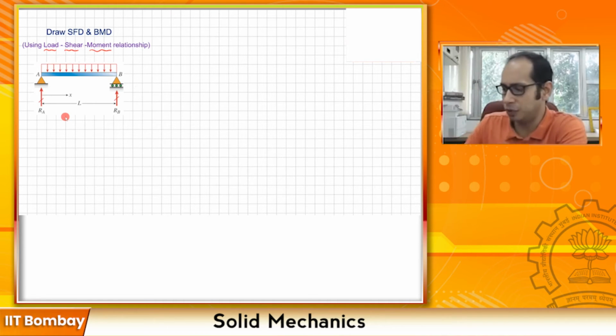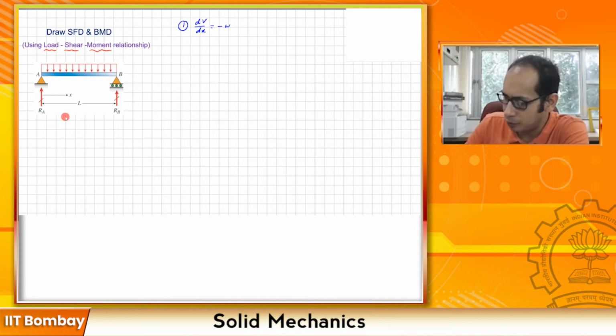The first relationship, if you remember, was dV/dx equals minus w of x, where w of x is a function of the load that you have. And from here we also had another relationship, that V_D minus V_C was minus the integral from x_C to x_D, which was the distance.